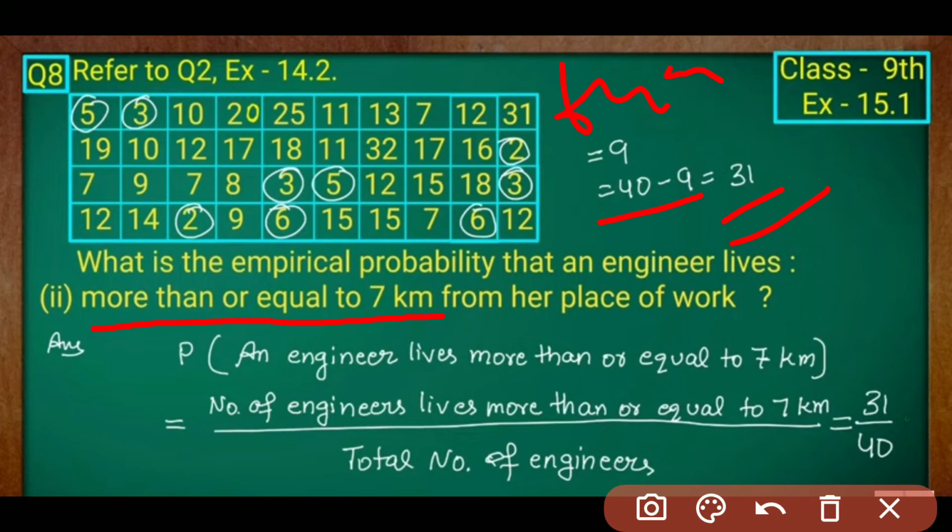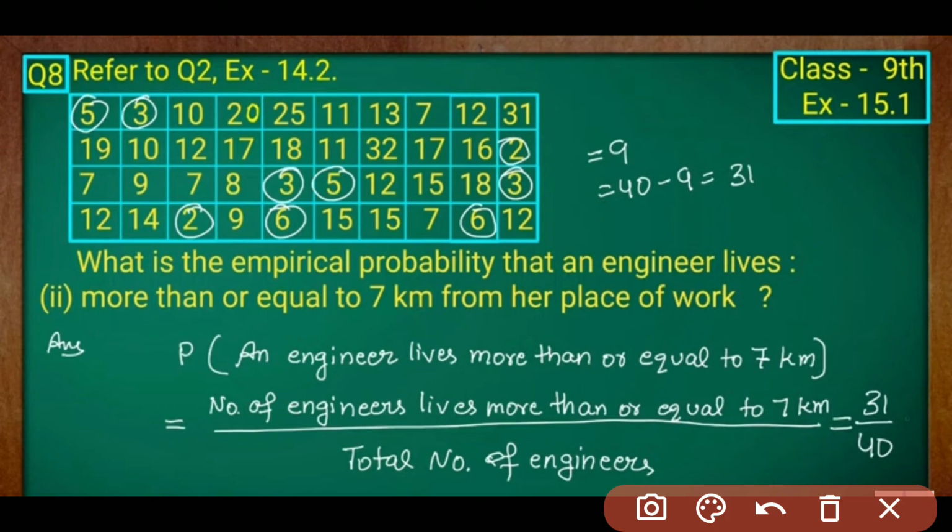We have a total number of candidates of 40, and out of 40, 9 candidates live less than 7 kilometers from the place of work. That means the number of engineers who live 7 kilometers or more divided by the total number of engineers is 31 upon 40. This way you can consider example number 8.